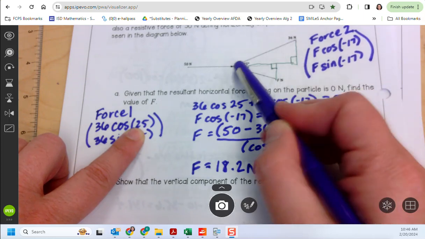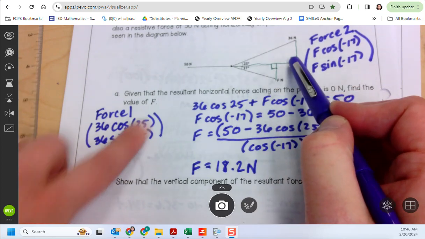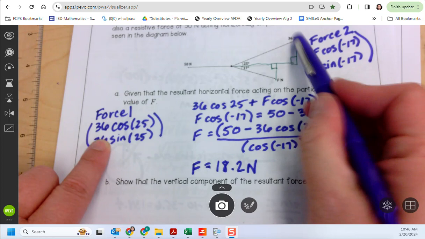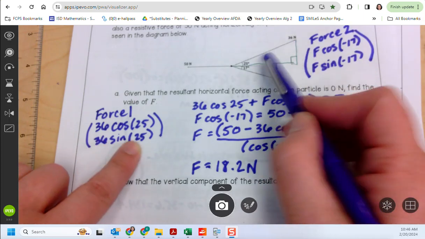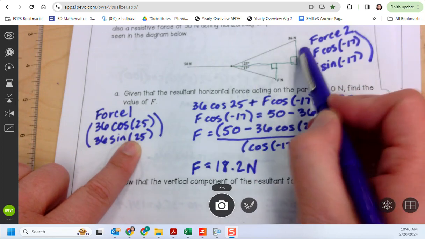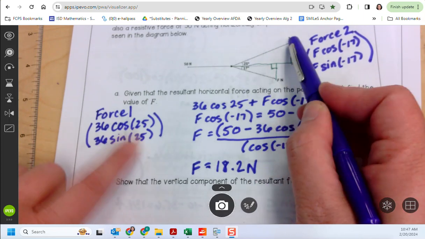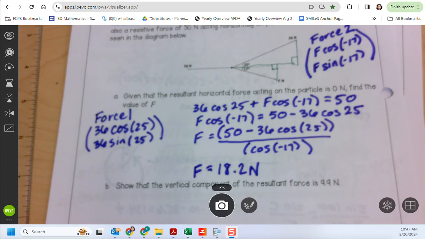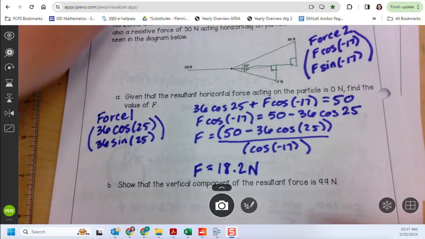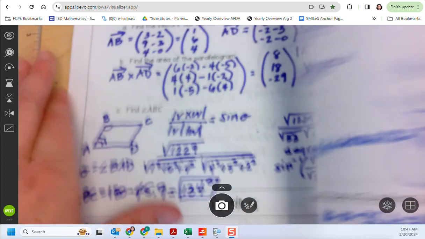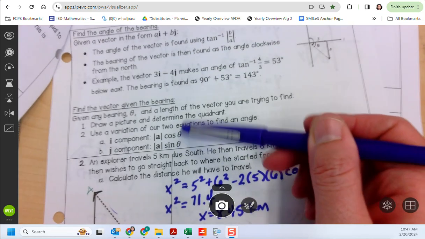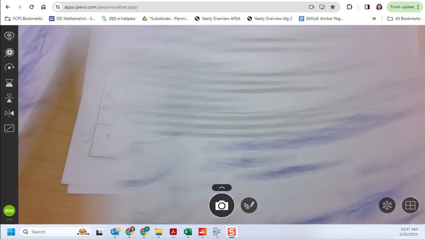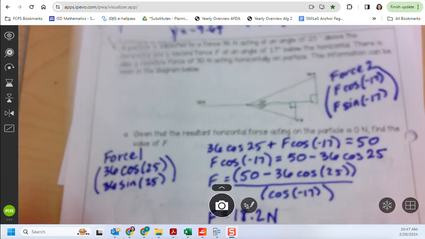So I'm just doing right triangle trig. So you could just get a number here. And the same for this one. You could say sine of 25 is equal to y over 36, and you could solve this one for a number. So even though they look different, because we're using the formulas from over here, it's really the same thing as the right triangle trig that you've done all the way back since geometry class.